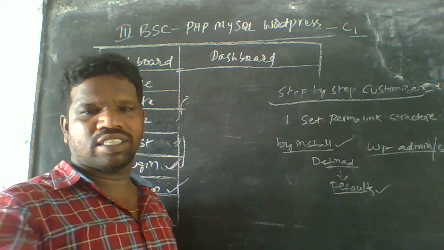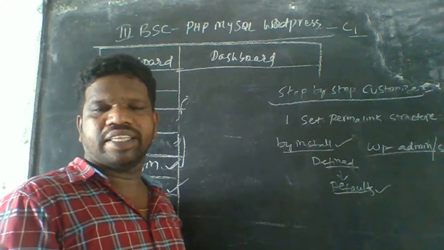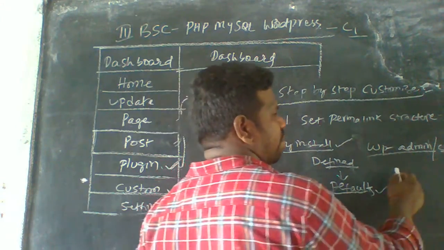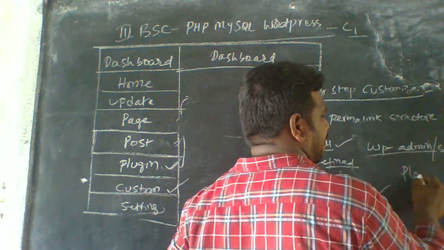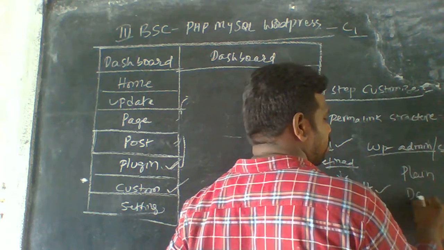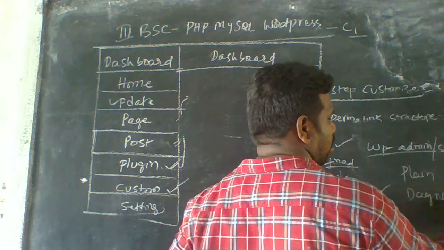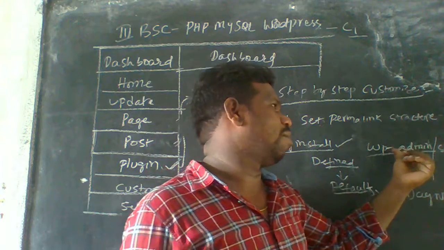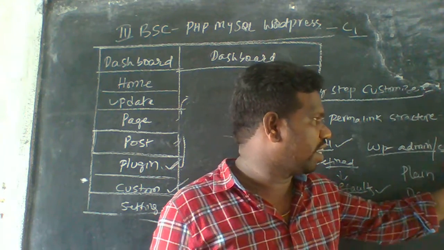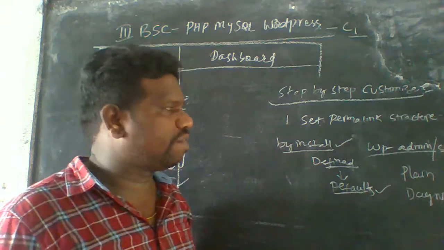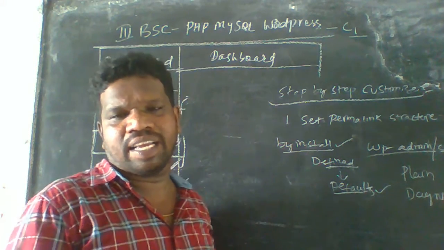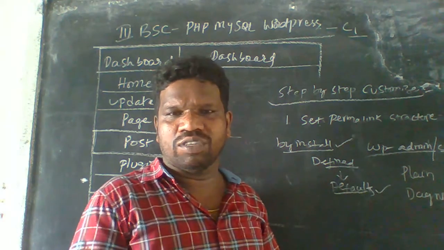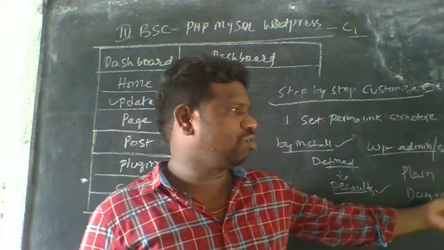In this we see there is plain and day name. Whenever we click this, we can see plain is available, and day name is also available. Whenever we click on wp-admin, settings, permalinks, automatically we will see plain, day name, month name, numeric, and post name displayed here.